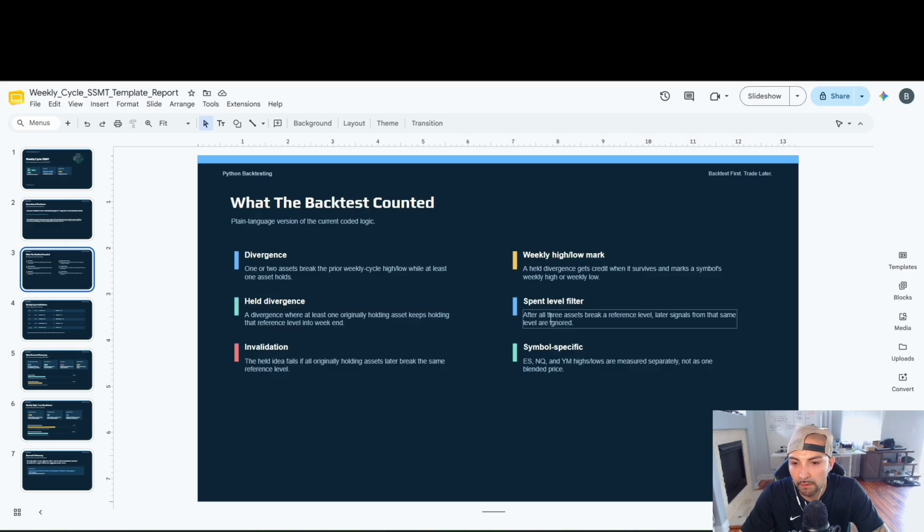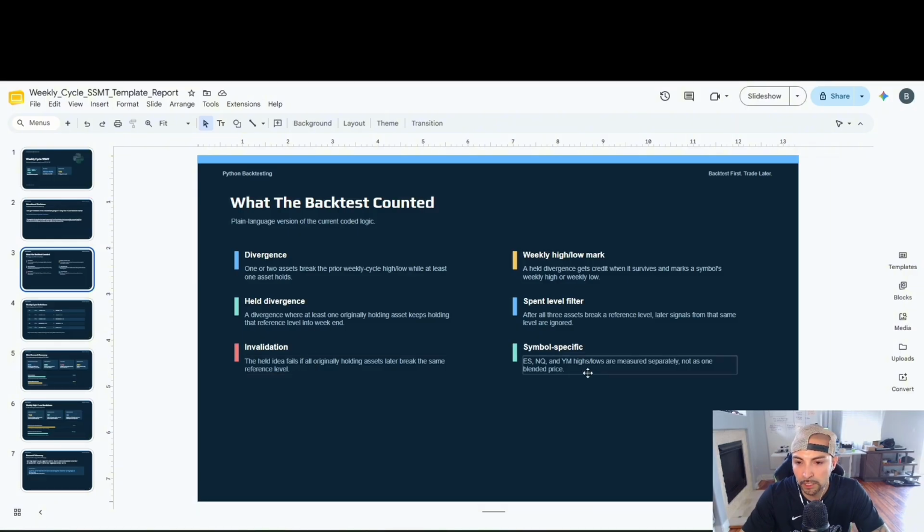And a spent level is when all three assets break a reference level; later signals from that same level are ignored. Invalidation is when the held idea fails, if all originally holding assets later break the same reference level. So if the other assets end up breaking that previous high or low, then we have an invalidation.